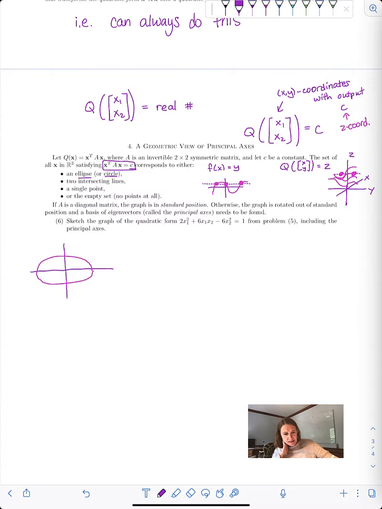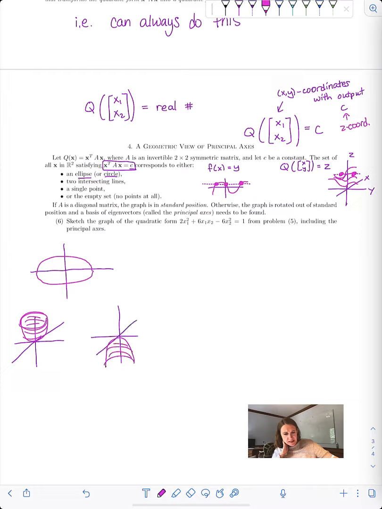And what we'll see is that that's going to correspond in 3 dimensions to something that maybe looks like sort of a cup, like a bowl kind of thing, facing up, or it might be a bowl sort of thing facing down.